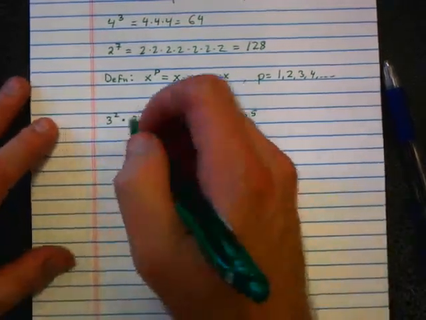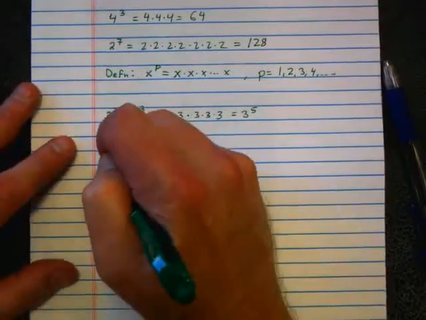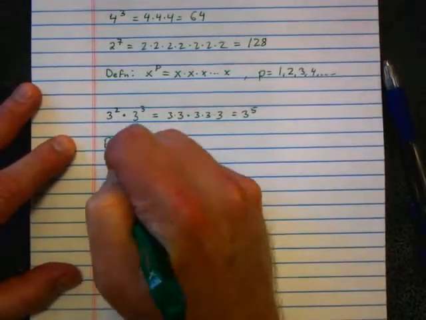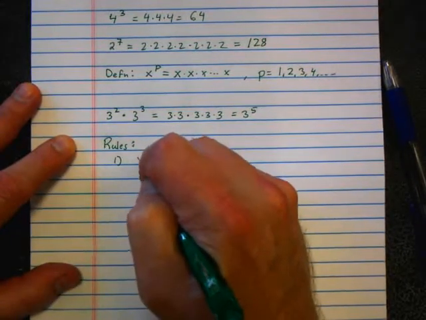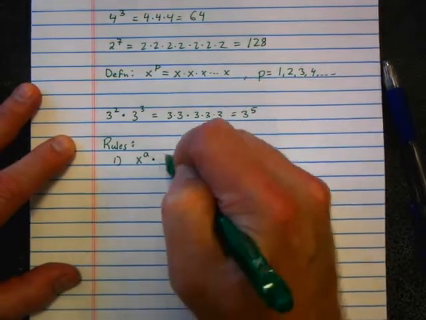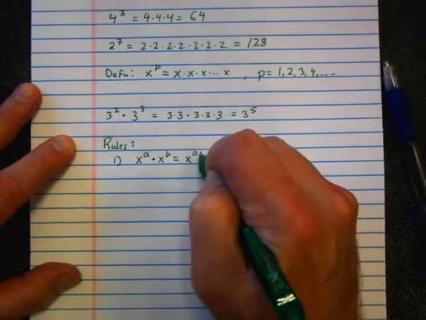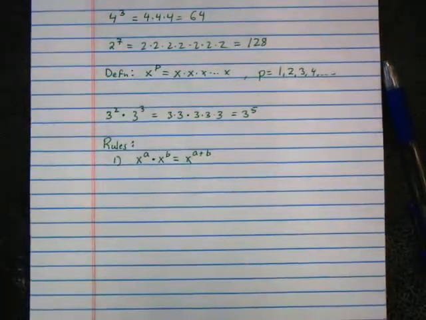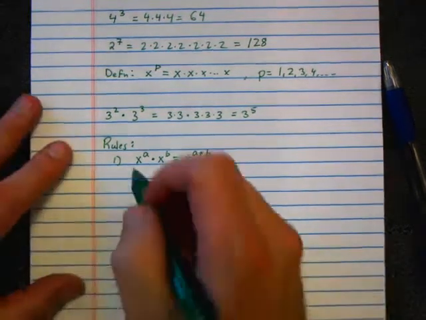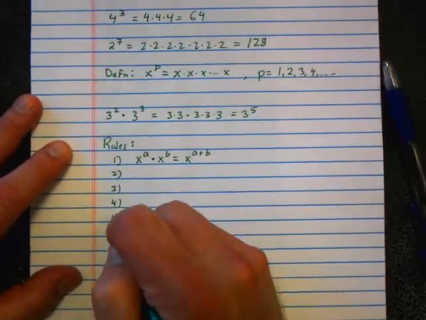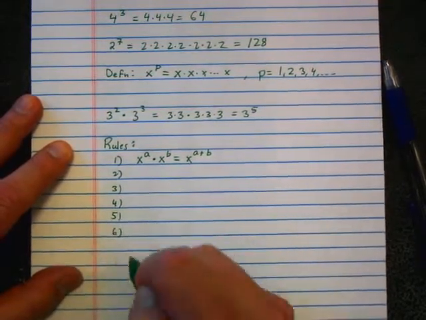So we're going to have a long list of rules here. Rule number 1: x to the a times x to the b, you add the powers. And I'm going to leave some space here because we're going to have more rules. 2, 3. I don't know how many we're going to have. 7?